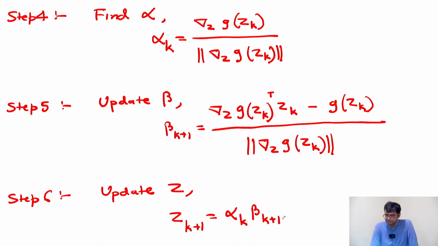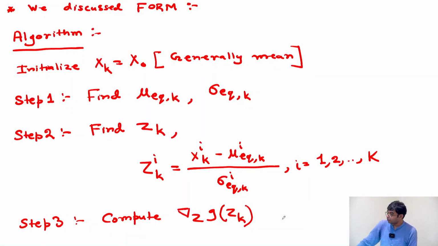Next, we will transform z to the actual space. So transform z to x. Why is it needed? This was not needed earlier, because the normalization that we are doing is the local normalization. We have to do it every time. Okay.